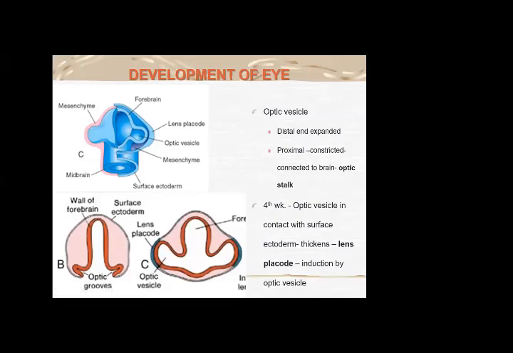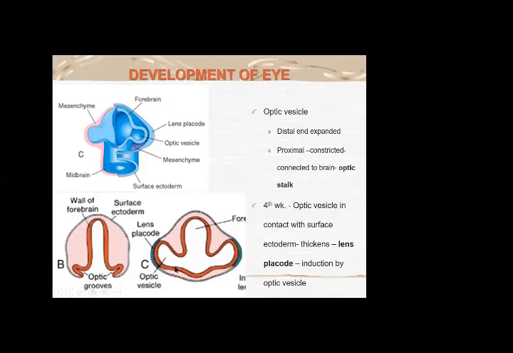Now, as the optic vesicle grows further, the distal end of the optic vesicle becomes expanded. However, the proximal end, the end which is attached to the forebrain, remains narrower.